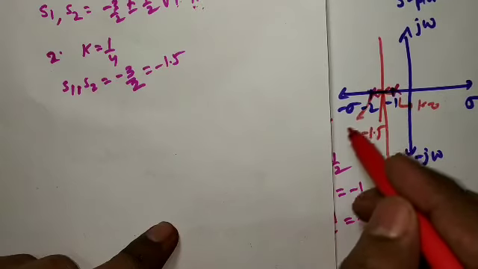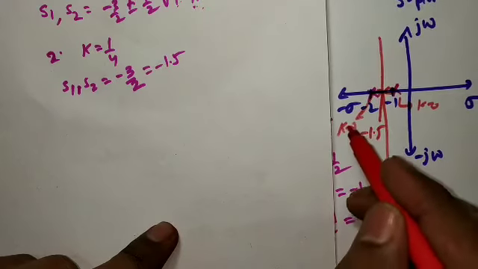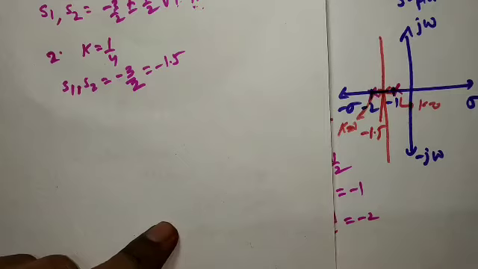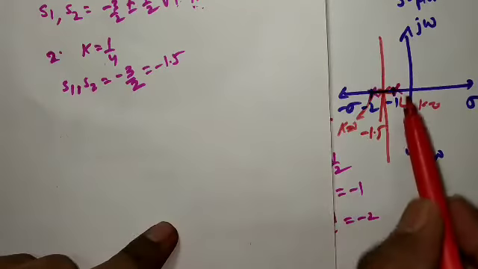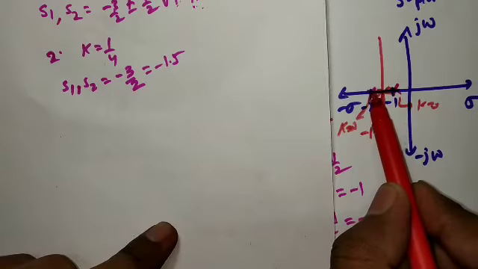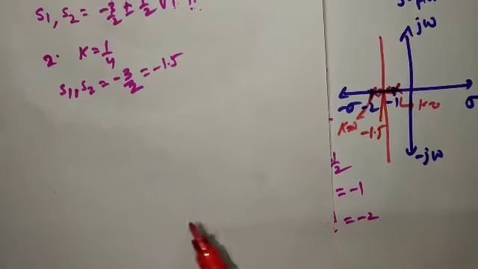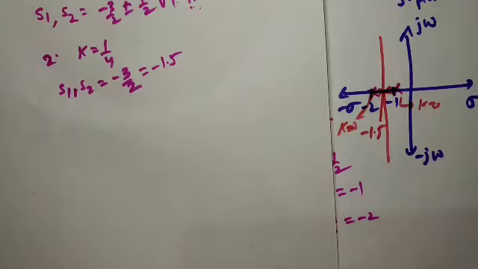K equal to 0 means open loop; the closed loop poles are the same as the open loop poles. When k is equal to 1 by 4, this root will move this direction and this root will move this direction. I will take a big sheet and explain to you.